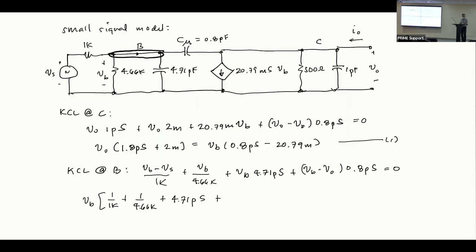So those are all the V sub B terms. And then I have minus V sub S over 1K. And then I have minus V sub O times 0.8 PS. This is equal to 0.